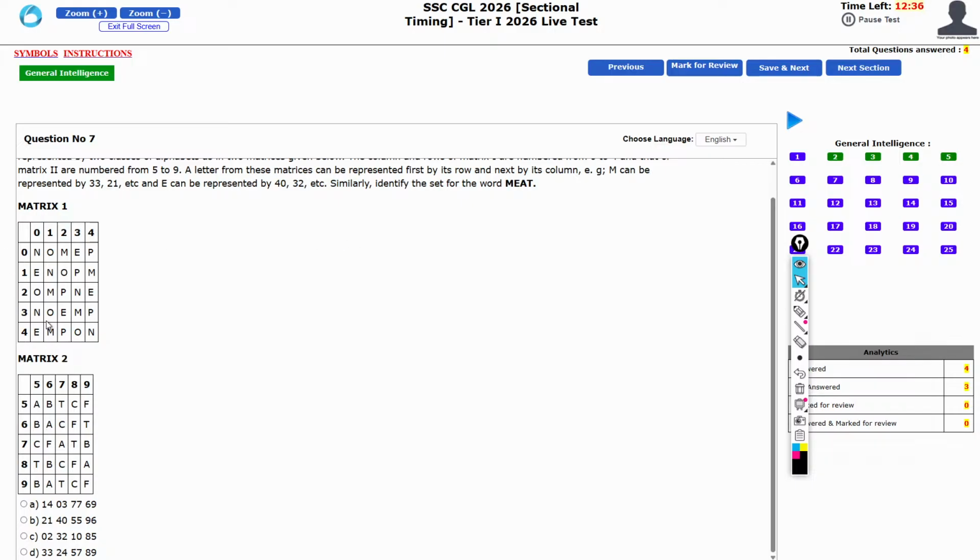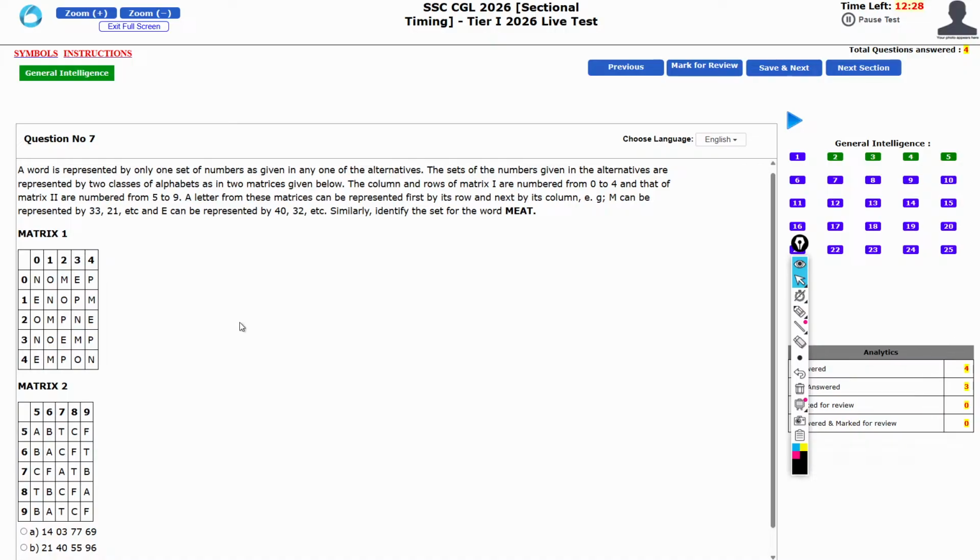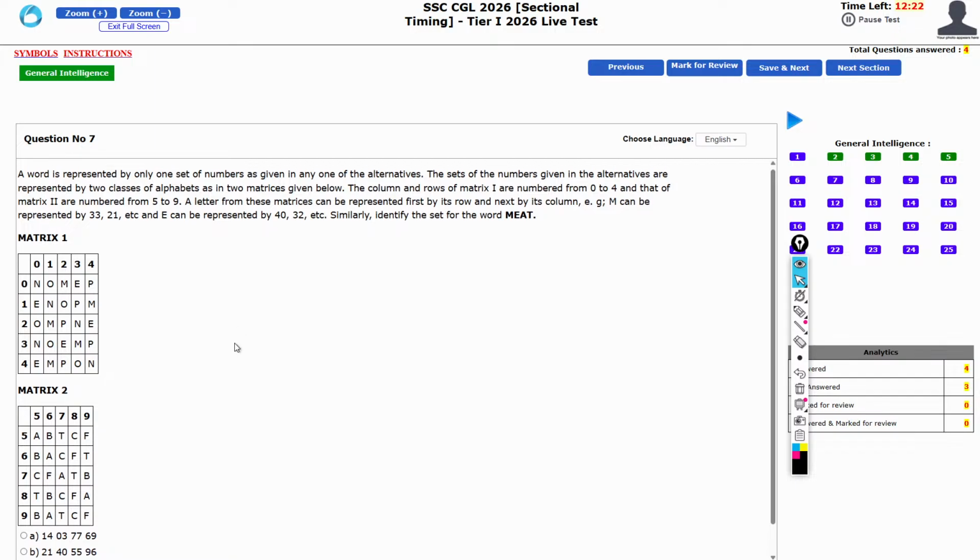So here they are writing that M is represented by 3, 3, or 2, 1. So row first, then column, right? Okay, I think 3, 2, 1, right?